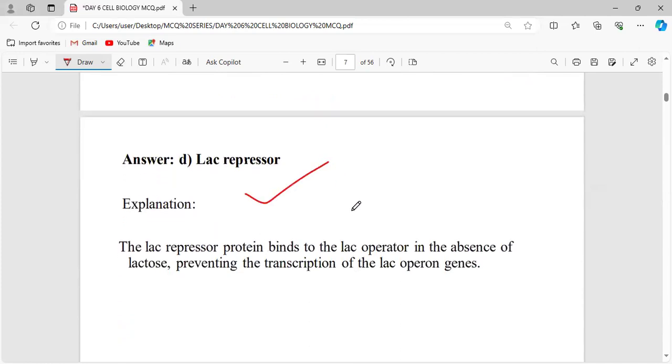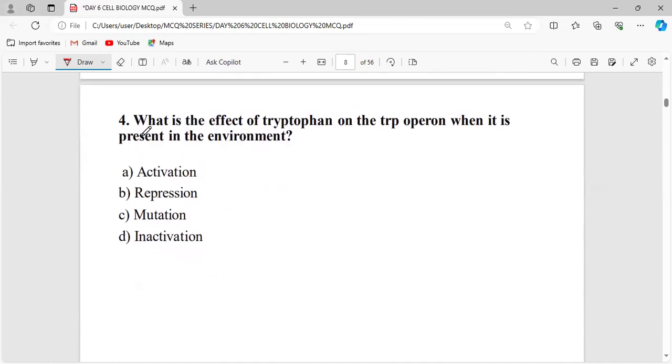Obviously, the repressor will be the one that has to bind with the operator, and if it binds to the operator, the operator does not allow the RNA polymerase to move along to the structural gene. Okay, so obviously this lac repressor will be the answer.